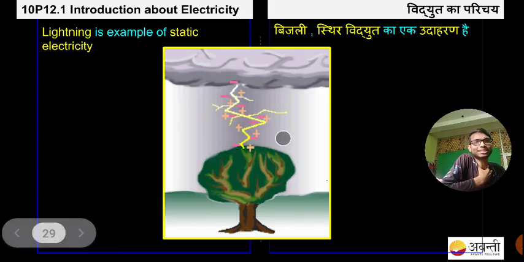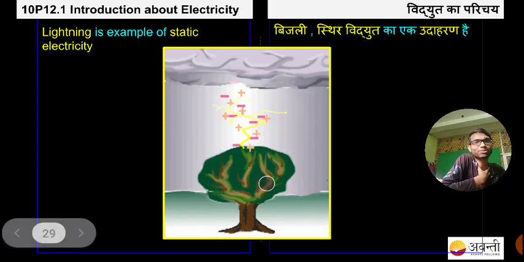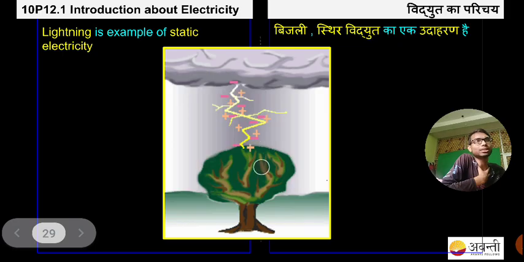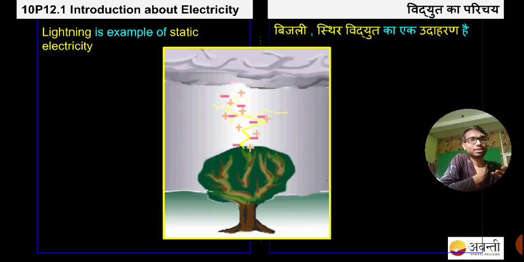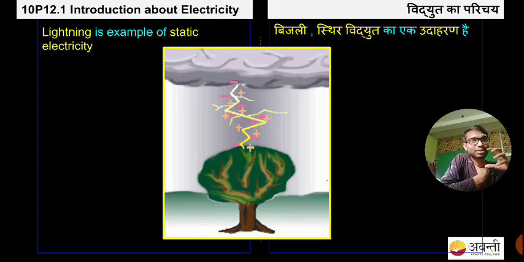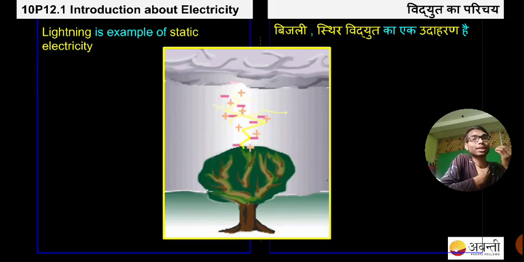Now, lightning is an example of static electricity. This lightning is an example of static electricity because it immediately falls. When it falls down to the earth, there will be an impact of these charges, and we can see the impact of this in real life.